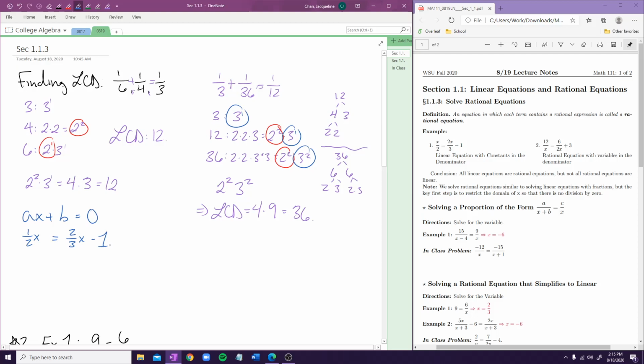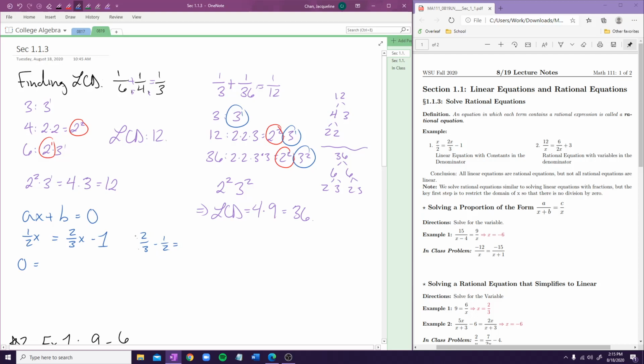Right? So if we subtract this 1/2 x, then we'll get 0. And then 2/3 minus 1/2, when we subtract or add, we have to have a common denominator, which is 6.